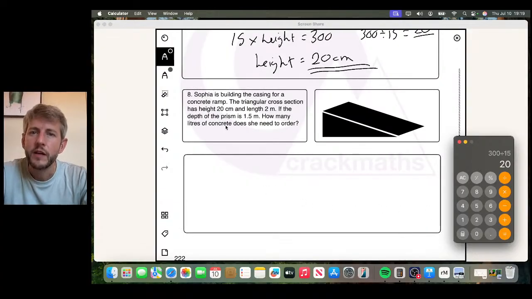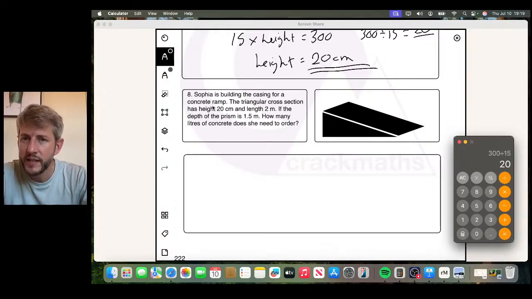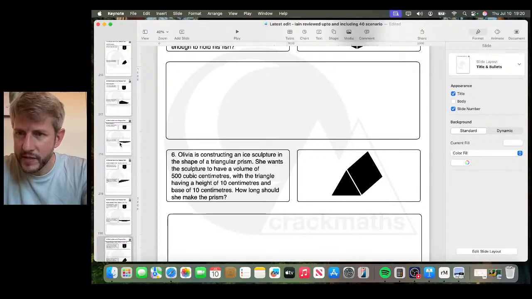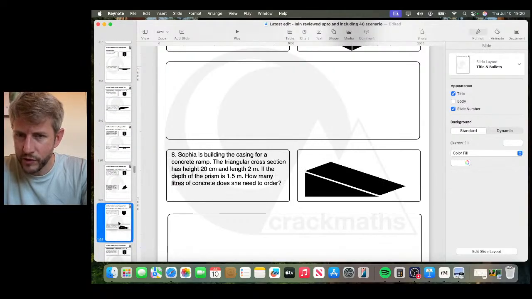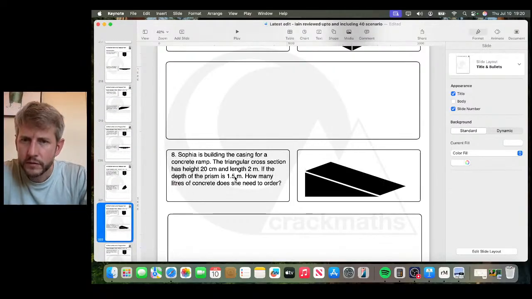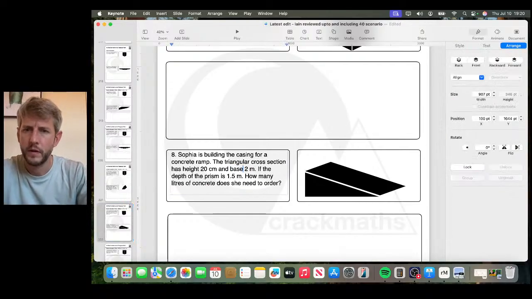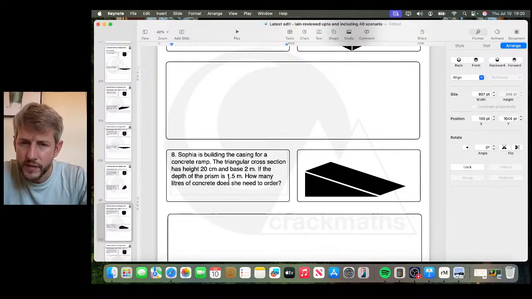Question 8. Sophia is building the casing for a concrete ramp. The triangular cross section has a height of 20 centimeters and a length of 2 meters. Okay, so this bit's 20 centimeters, this bit is, I should say base there, because that's the word that we use for the length of a triangle, base of 2 meters.